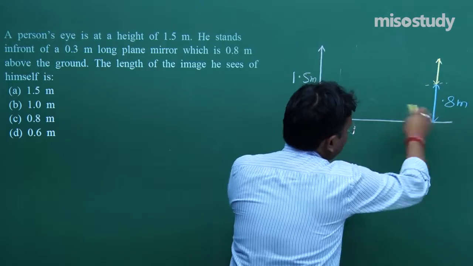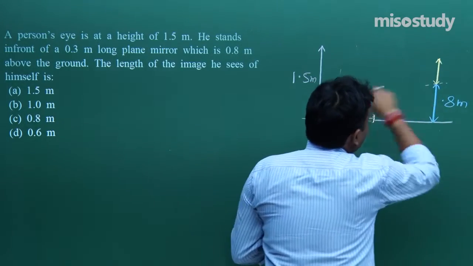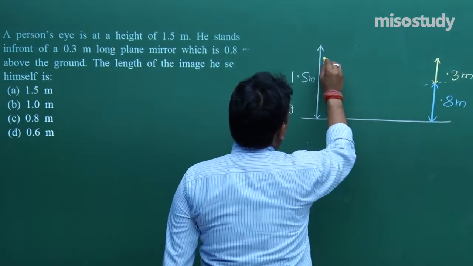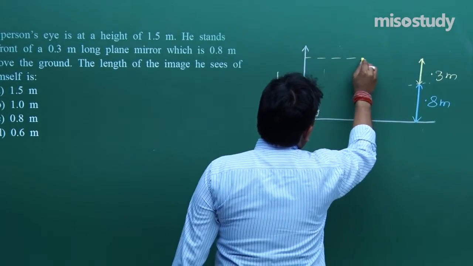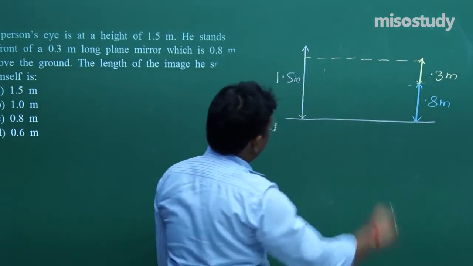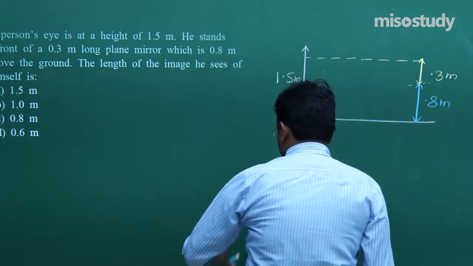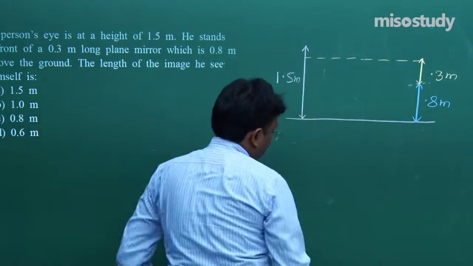Blue is nothing, a wall, blue color wall, this is 0.3 meter, fine. Now your problem is to find the height of the image he will see.